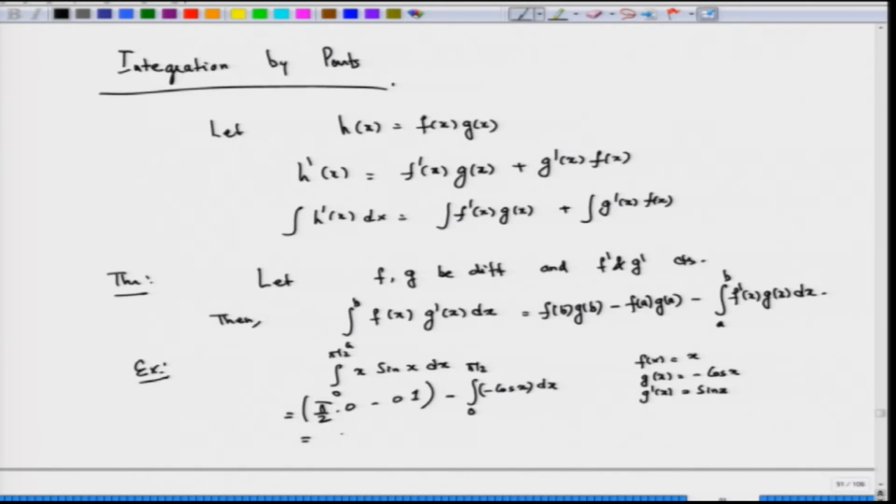This is equal to plus the integral from 0 to pi by 2 of cos x dx, which is equal to sin x evaluated from 0 to pi by 2 by the fundamental theorem of calculus. So, this is equal to 1. There are several useful integrals that can be calculated through integration by parts.